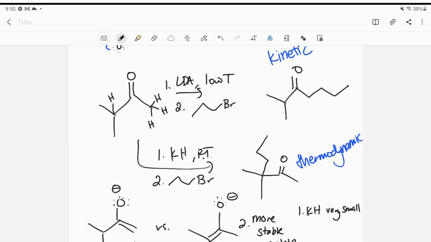If you're doing a crossed aldol or a crossed Claisen, by using option 2 in both cases, using the super strong base, if you choose your base wisely, instead of using part 2 as propyl bromide, you use part 2 as your ester for a Claisen, or you use an aldehyde or a ketone for number 2 to do an aldol. So really the only difference here is the electrophile. Otherwise, it's exactly the same mechanism that's happening. So it'd all be the same.